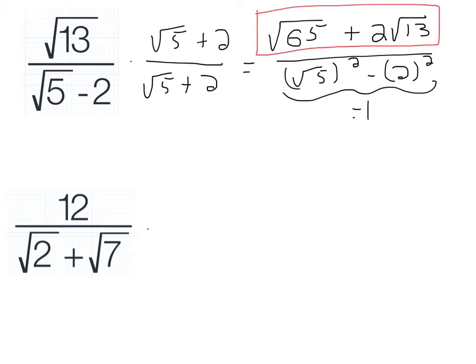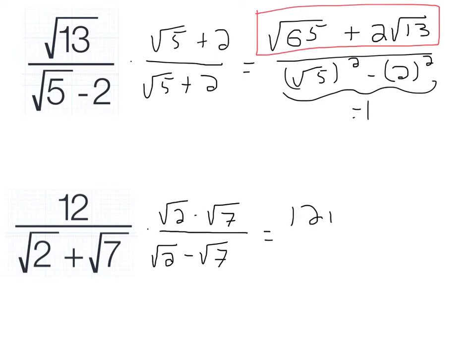I'm going to multiply by the conjugate of my denominator, which I'm starting with an addition, so I'm going to multiply by a subtraction. Negative square root of 2 minus square root of 7 over itself. And when I multiply here, I just distribute my numerator, which is going to be 12 times the square root of 2. Minus 12 times the square root of 7.